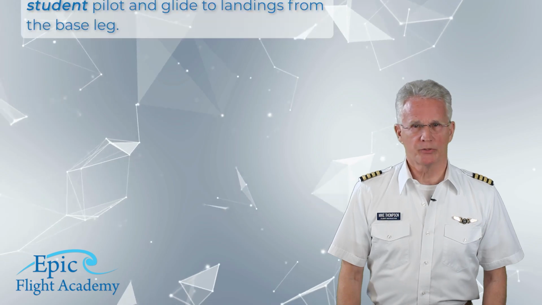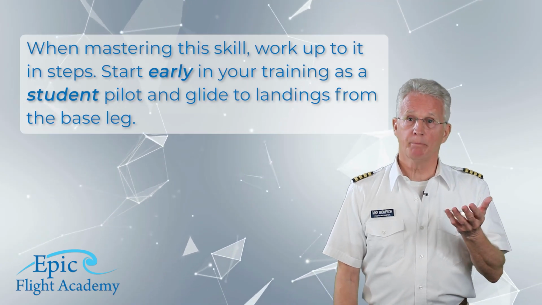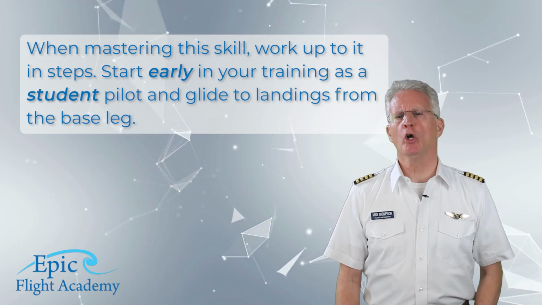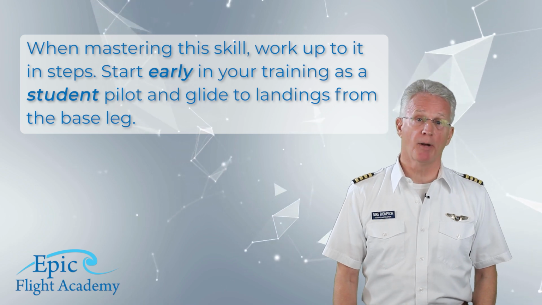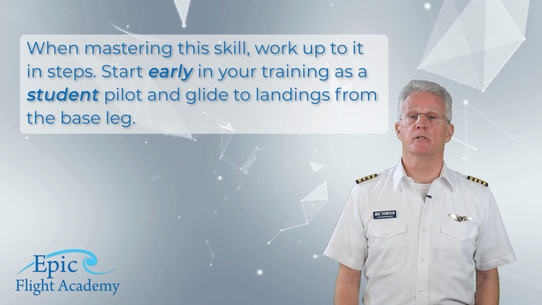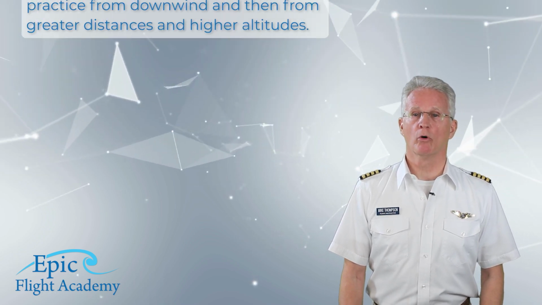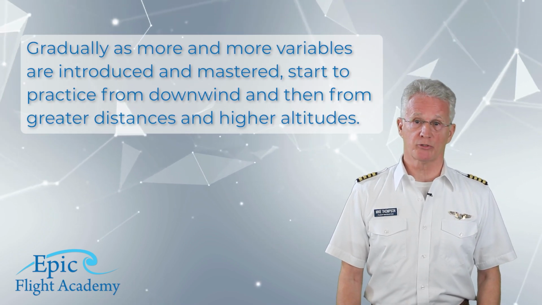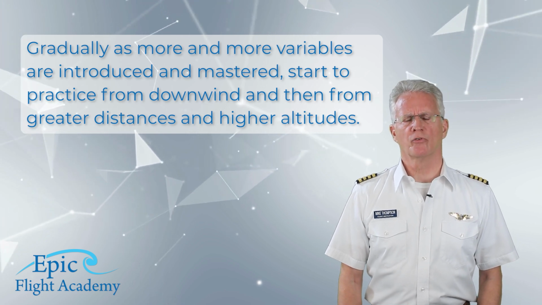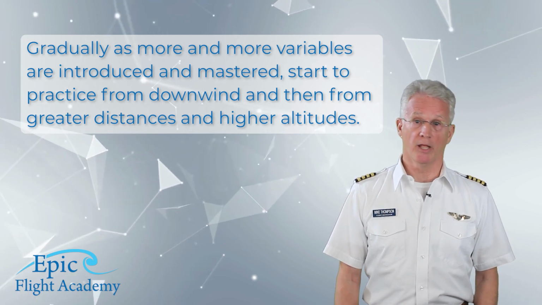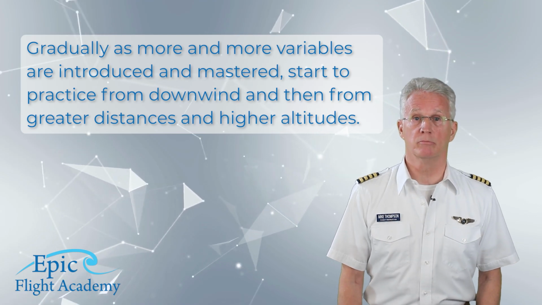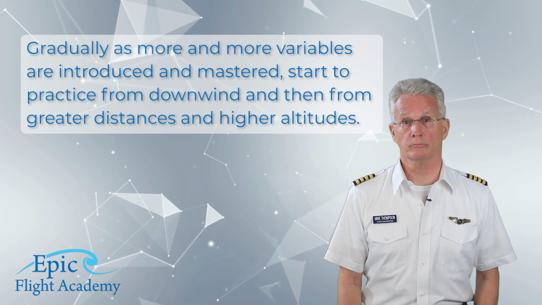When mastering this skill, work up to it in steps. Start early in your training as a student pilot and glide to landings from the base leg. Gradually, as more and more variables are introduced and mastered, start to practice from downwind and then from greater distances and higher altitudes.